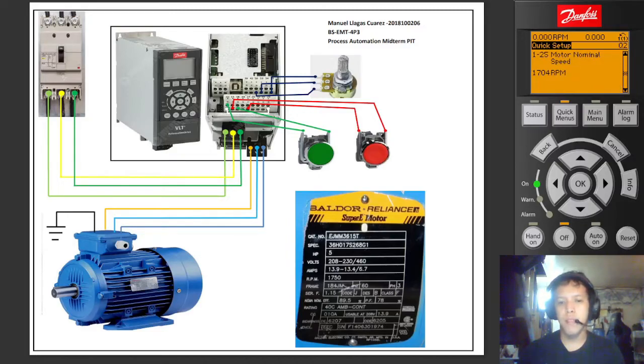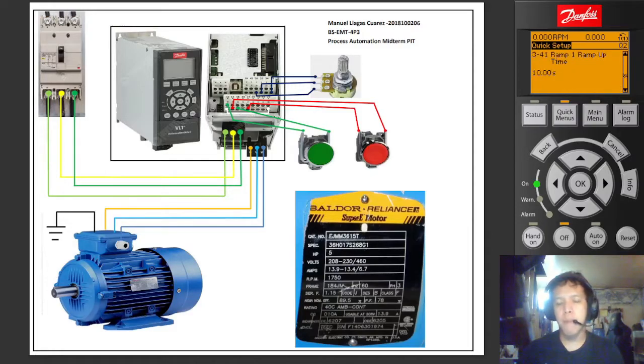The motor nominal speed. In the nameplate, we can find the motor nominal speed, which is the RPM. RPM is equal to 1,750, so we're going to set this one as 1,750. We'll press OK.